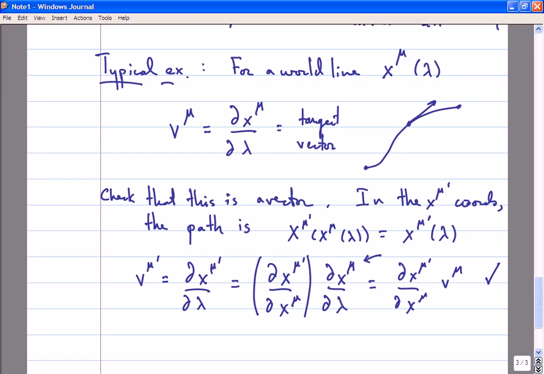There's certainly nothing wrong with considering such a thing. A realistic observer with finite mass, of course, couldn't travel along such a world line. But you could certainly talk about it, and there's still certainly a tangent vector associated with it. Yes, good question. Any other questions?